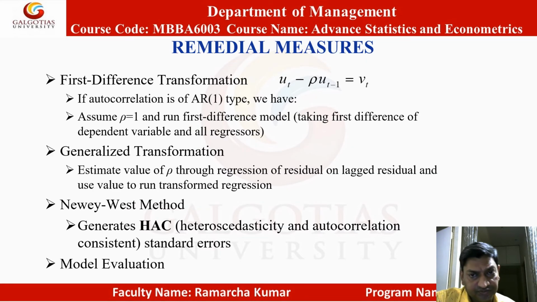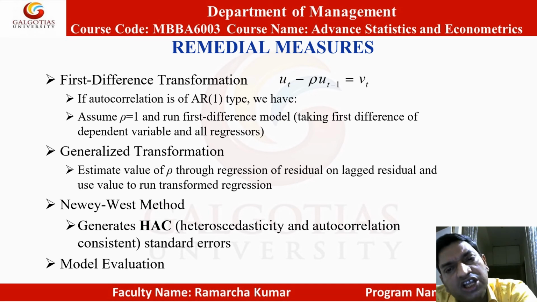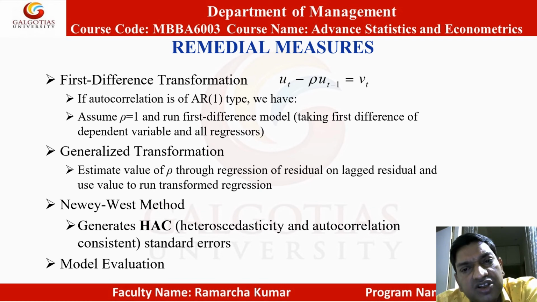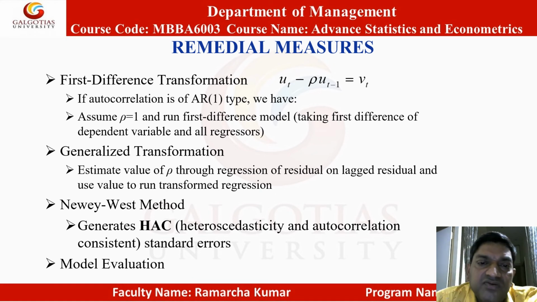Remedial measures. One remedial measure for autocorrelation is the first difference transformation. You transform the variable by taking the first difference, so u_t minus rho times u_t minus 1 is nu_t. If autocorrelation is of AR1 type, that is first order, we assume rho is equal to 1 and run the first difference model, taking the first difference of the dependent variable and all regressors.